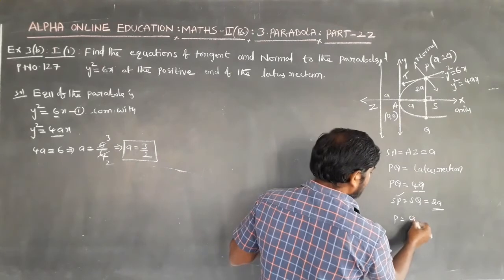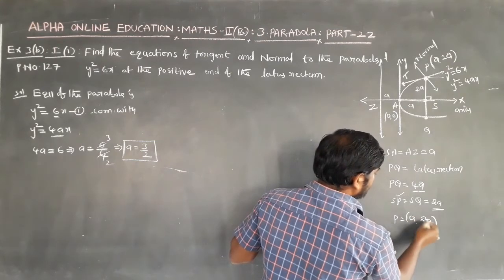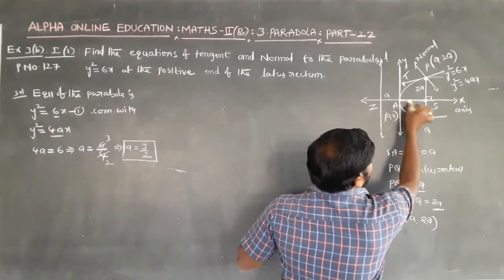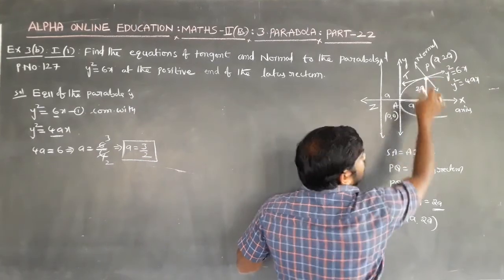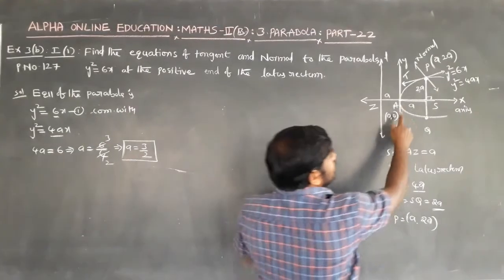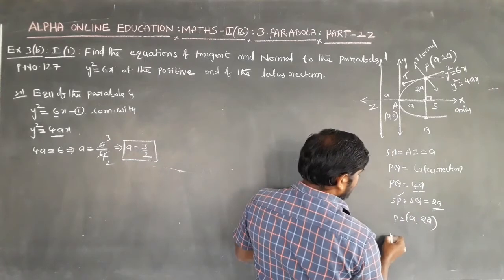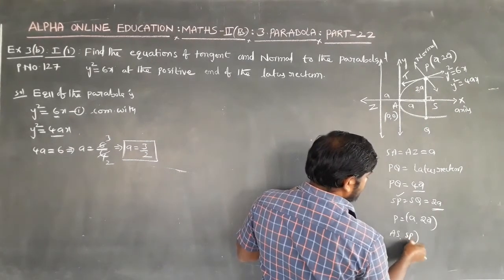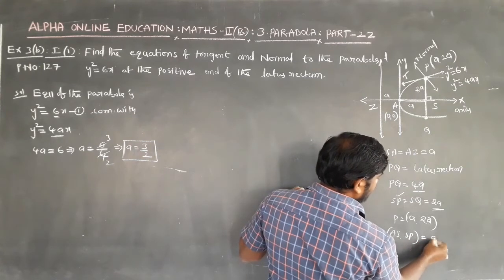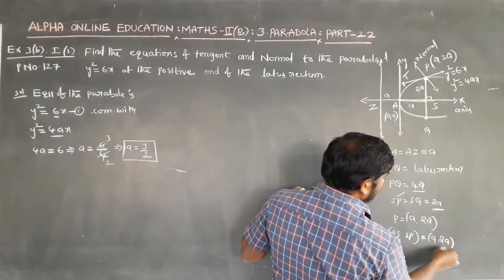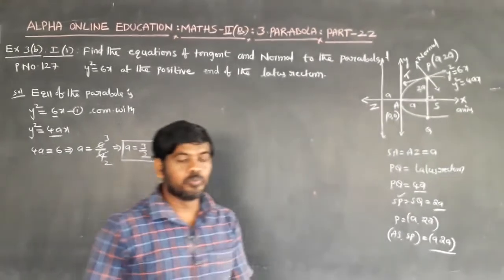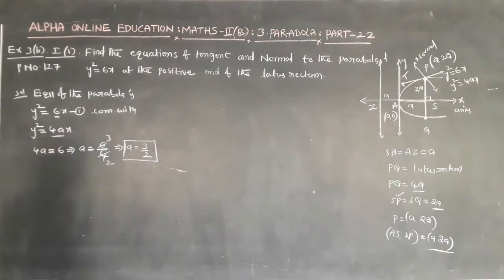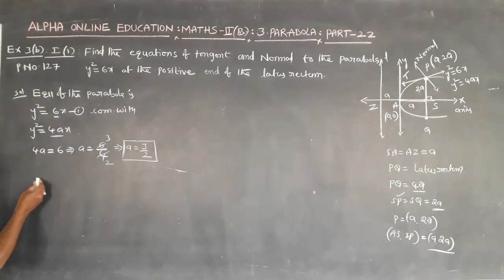AS is the x coordinate, SP is the y coordinate. So P is the point a comma 2a.